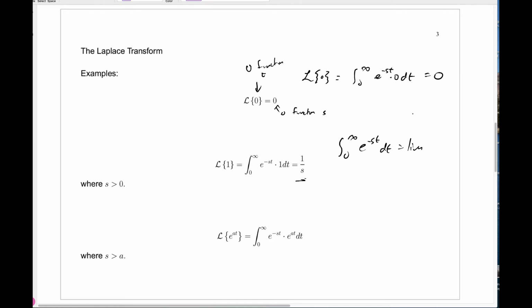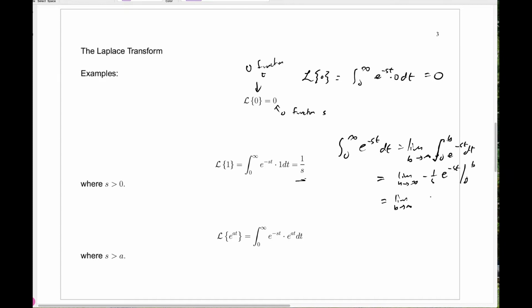I can't use t here, because I'm using t differently, so I'll use b as b goes to infinity of the integral from 0 to b of e to the minus st dt. To integrate e to the minus st, I have minus 1 over s e to the minus st, evaluated from 0 to b like that, and I want the limit as b goes to infinity.